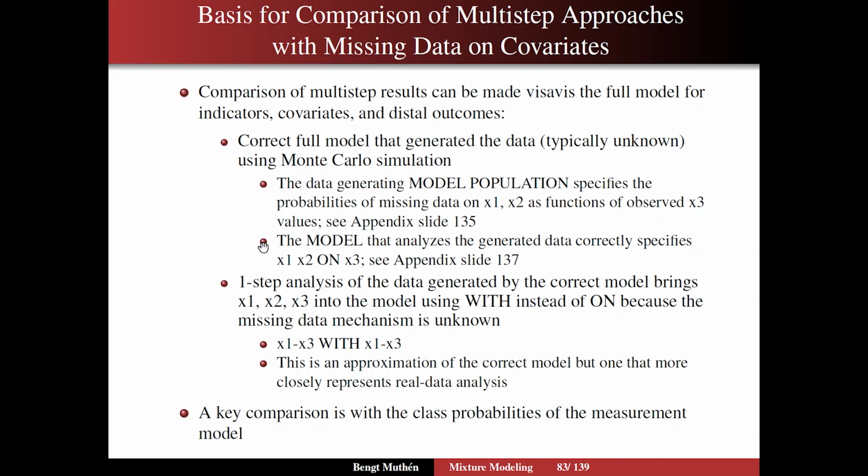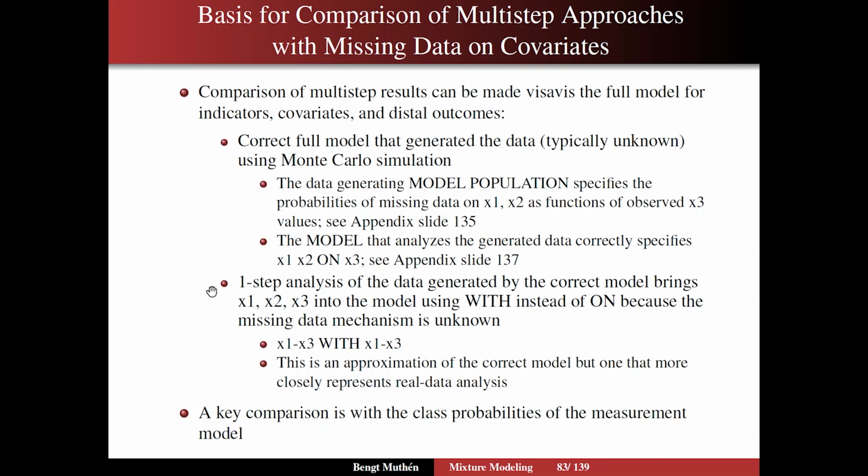Now, the model, the analyzer generated the data, correctly specifies X1, X2, and X3, shown on slide 137. And those results agree. So that's treating the generated data as real data. So we can compare to that.